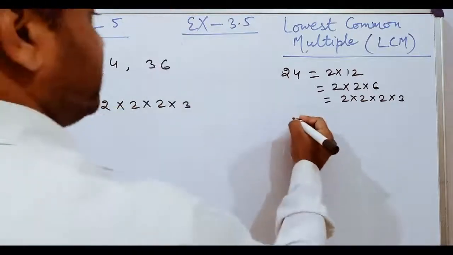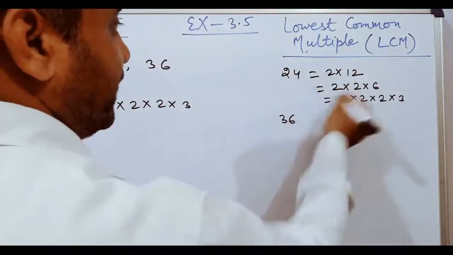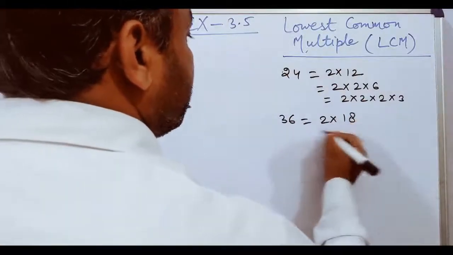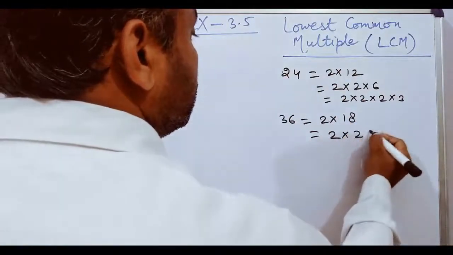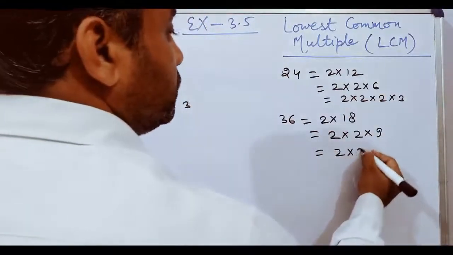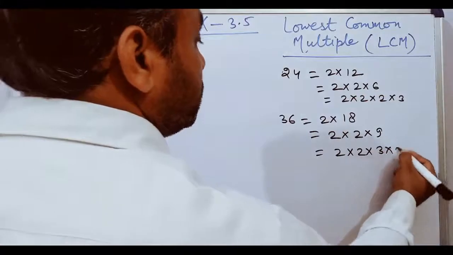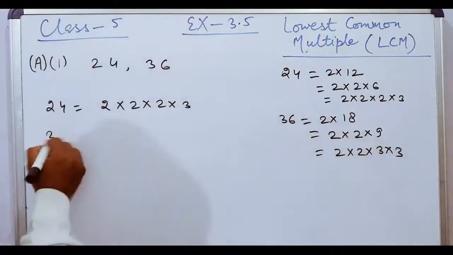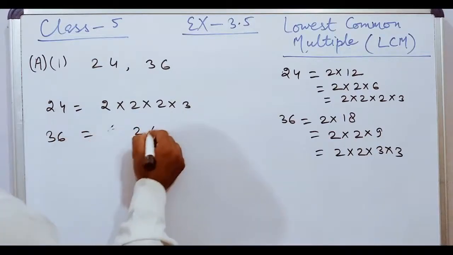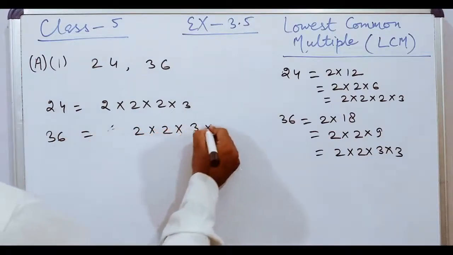Then factorize 36: 2 into 18, 18 can be written 2 into 9, and 9 can be written 3 into 3. Then 36 equals 2 into 2 into 3 into 3.